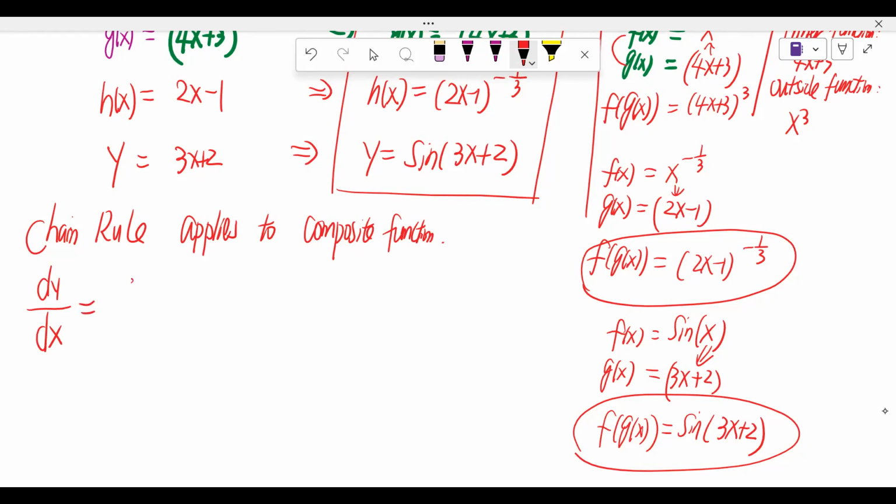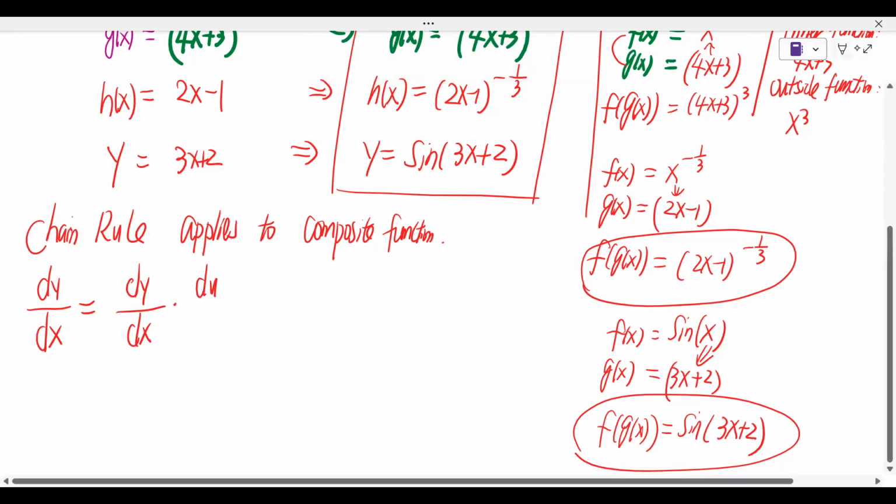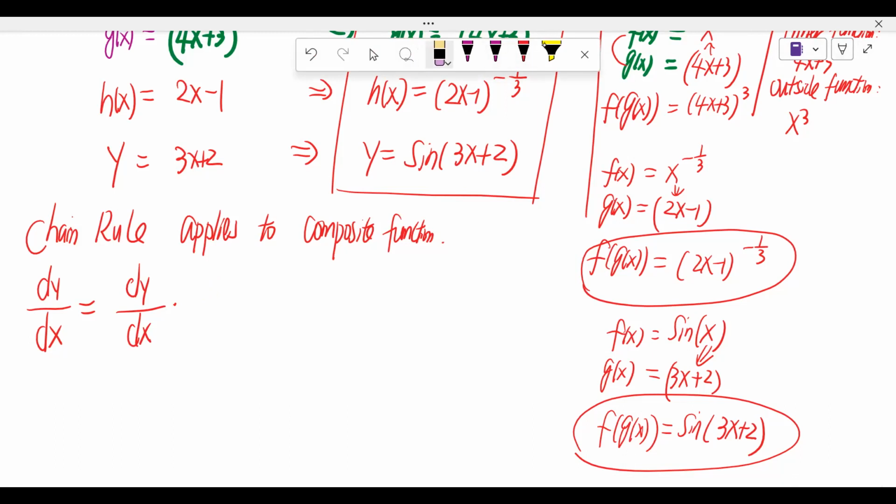What if you multiply both top and bottom by du? Meaning multiply du here. We can do that, right? We can multiply both top and bottom by the same term. That works.